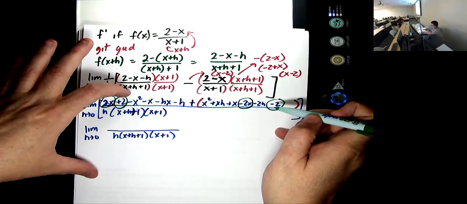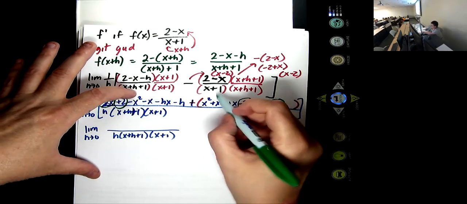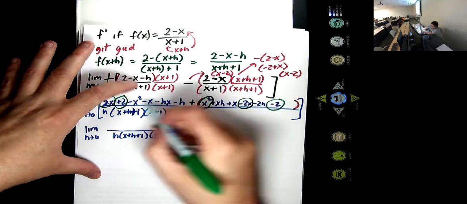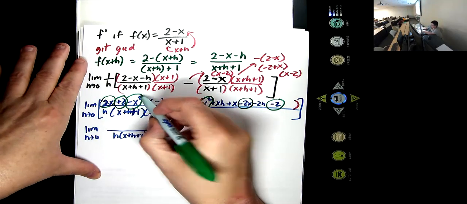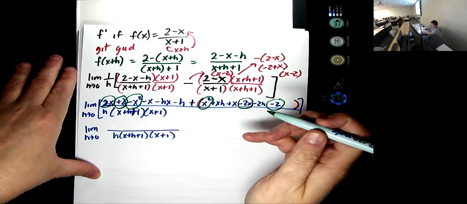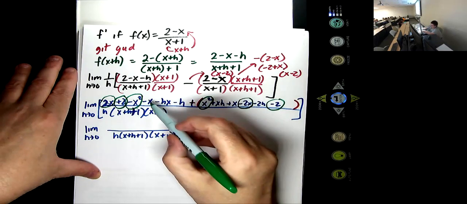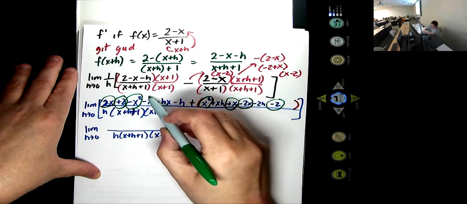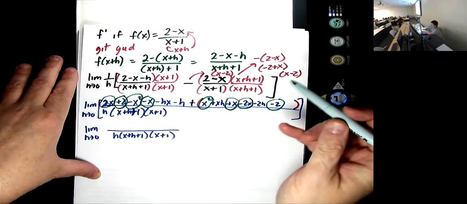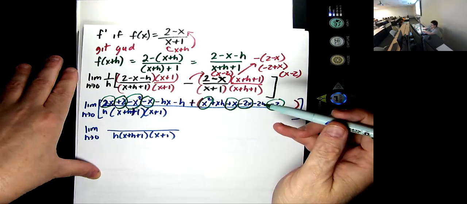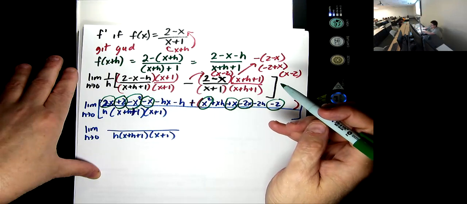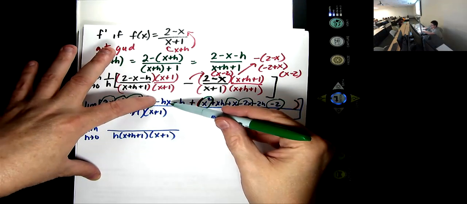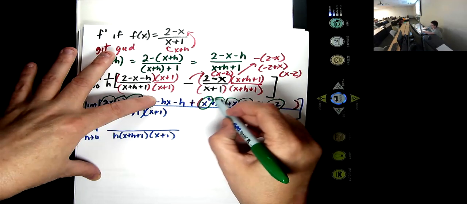I have a -x² here. I have a +x² here. Those will cancel. I have a -x here and a +x here. Those will cancel. I have a -hx here and a +xh here.